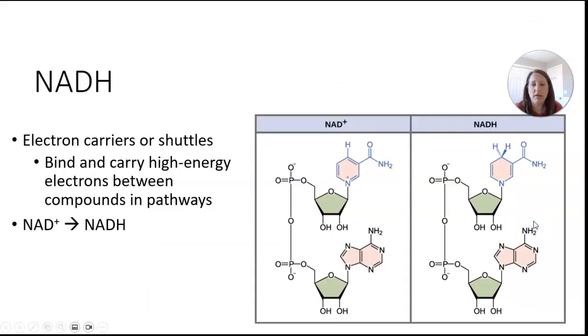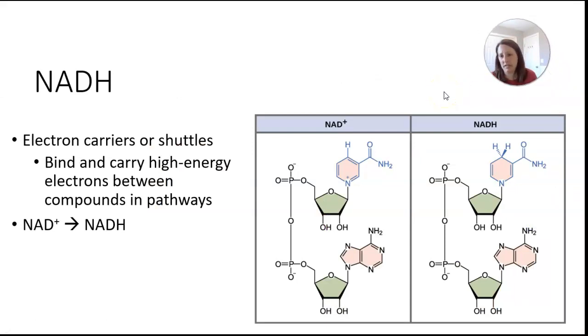So that brings us to NADH. Okay, so NADH and its two cousins, NADPH and FADH2, you'll see those three molecules when we go over cellular respiration and photosynthesis. NADH we're going to see the most out of those three, and so that's why I mentioned it here.